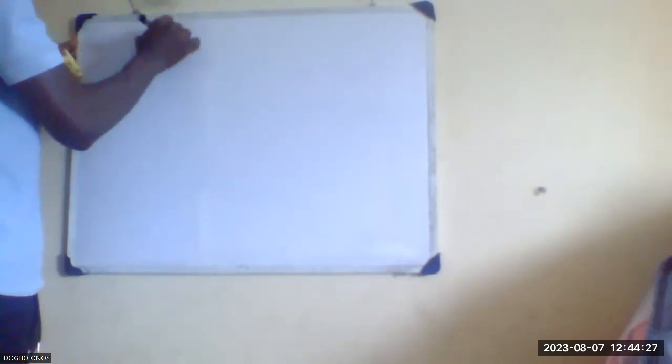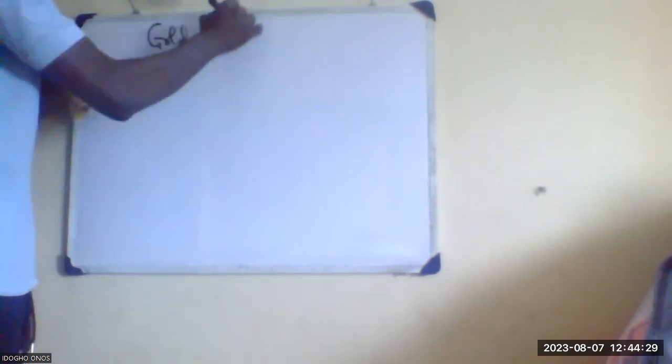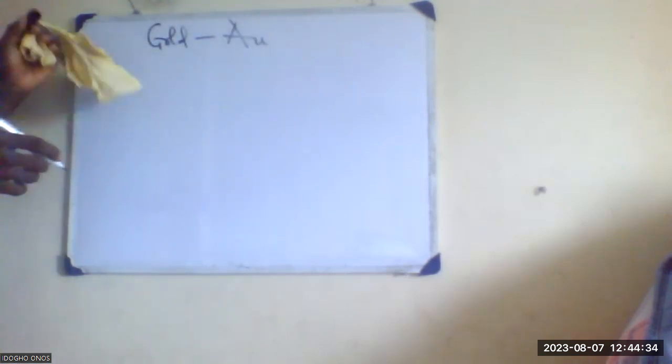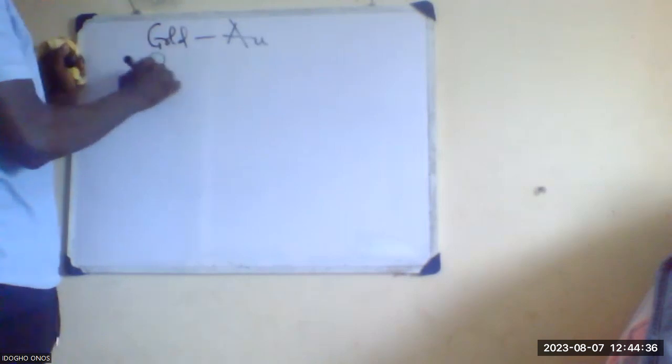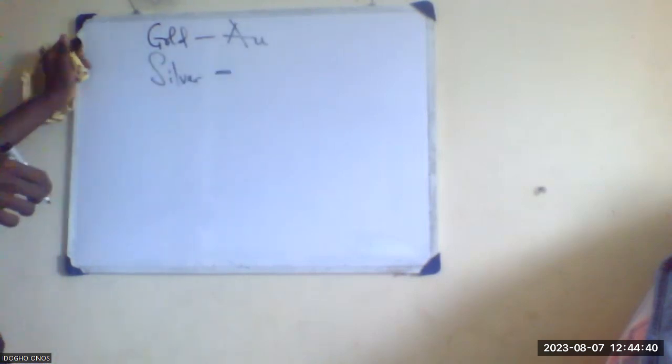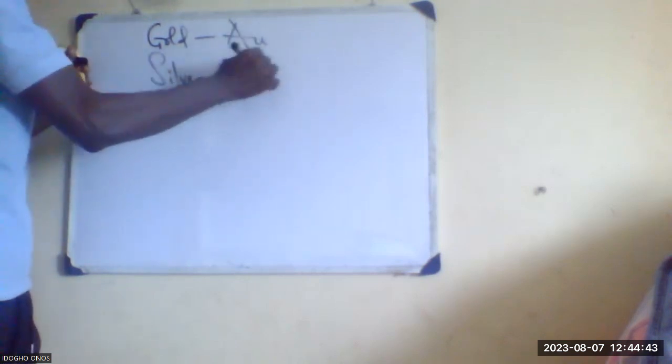Then again, is there any element whose symbol does not correlate with the spelling? Is there any element like that that you can think of? Gold. Okay, the symbol for gold is Au. Then maybe we also have silver. Silver is Ag.